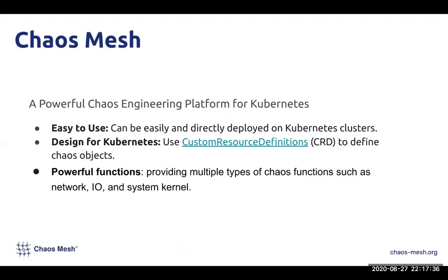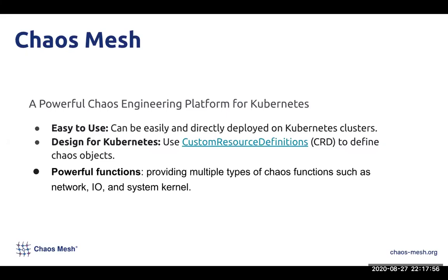Chaosmesh is a powerful chaos engineering platform for Kubernetes. Chaosmesh has the following advantages: easy to use. You can easily deploy Chaosmesh on the Kubernetes cluster, and it is designed for Kubernetes.